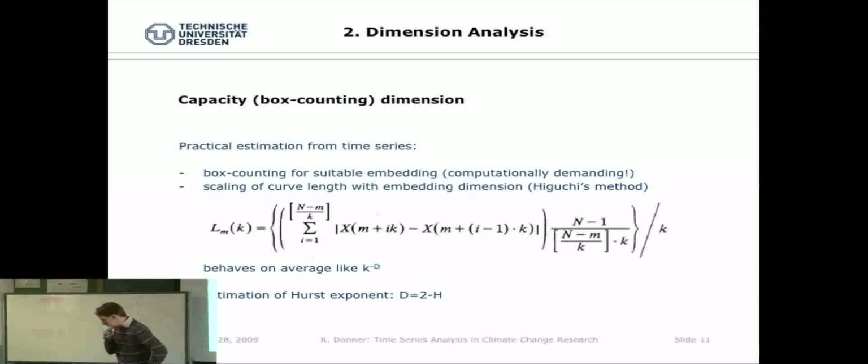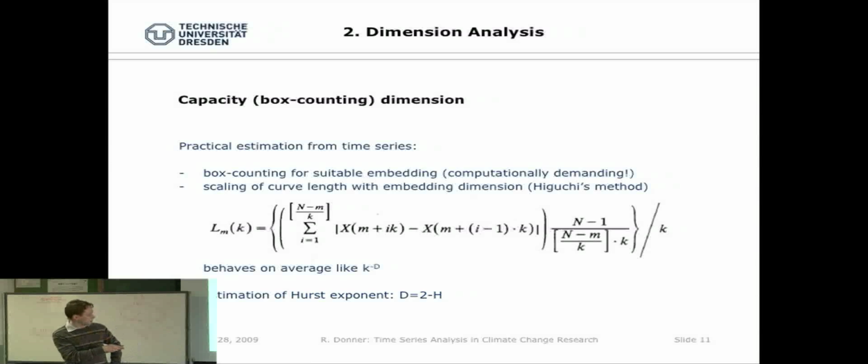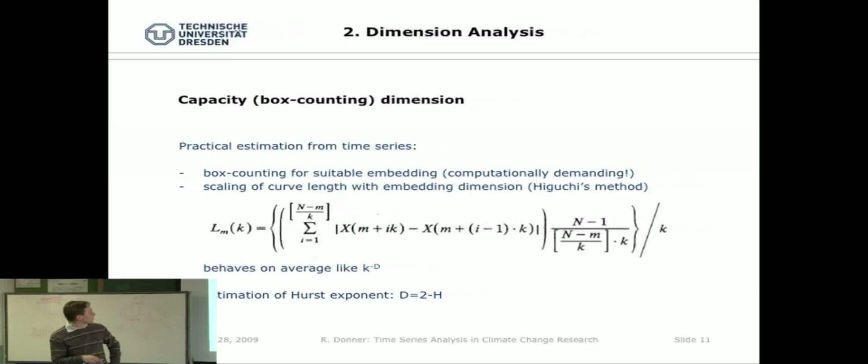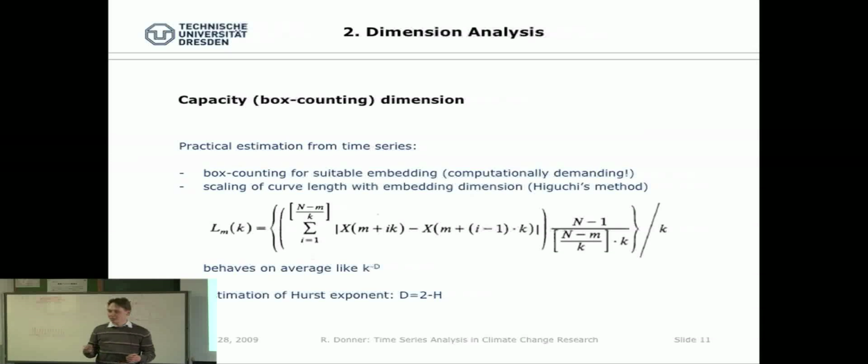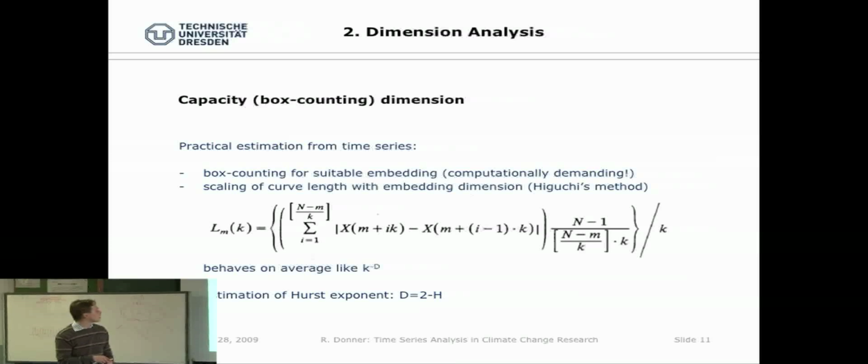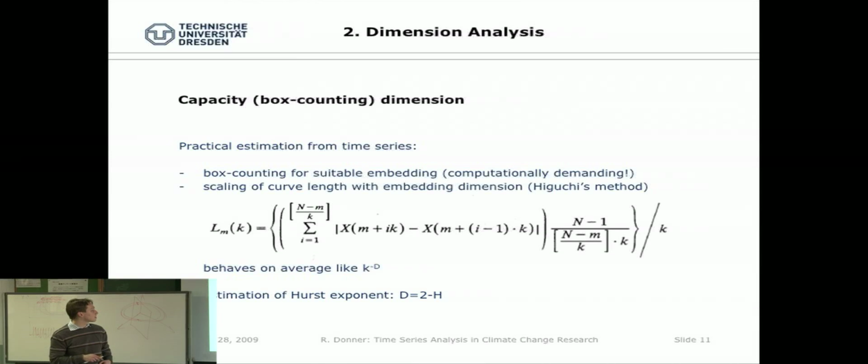That's why 20 years ago, in 1988, Higuchi from Tokyo ISM came up with the idea to consider the scaling of the curve length with the embedding dimension as a proxy for the fractal dimension. This is basically written here. What you have to consider is the difference between two embedded vectors of your time series.